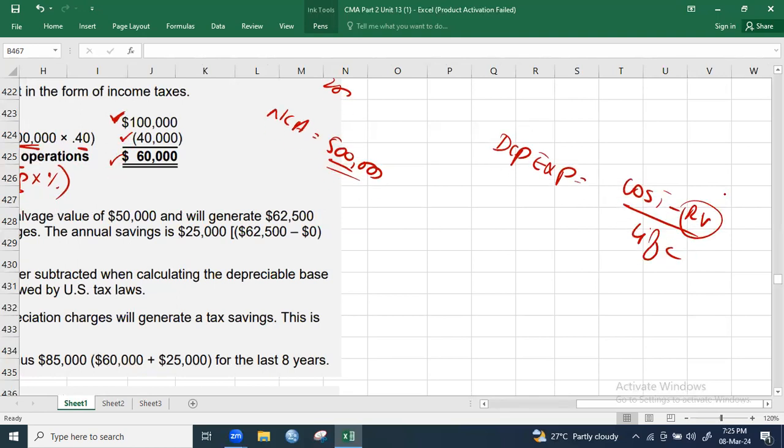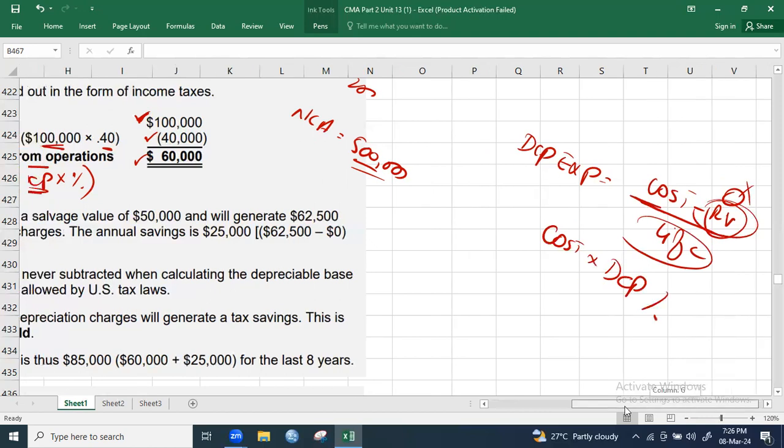But when you calculate tax depreciation, don't deduct residual value, even if it is given. Put residual value as 0. The tax authority doesn't accept it, as it is your estimate. So in this topic, simply take cost over life, or cost multiplied by the depreciation percentage, but don't deduct residual value. This is an important point.